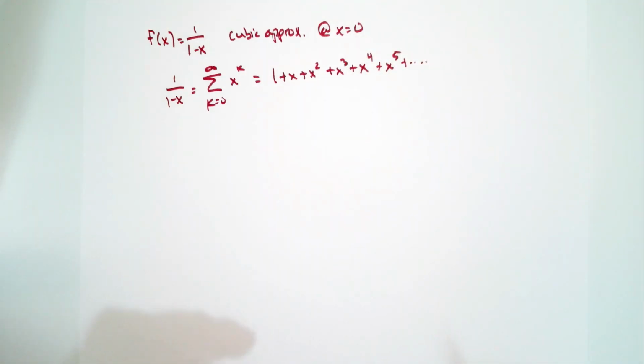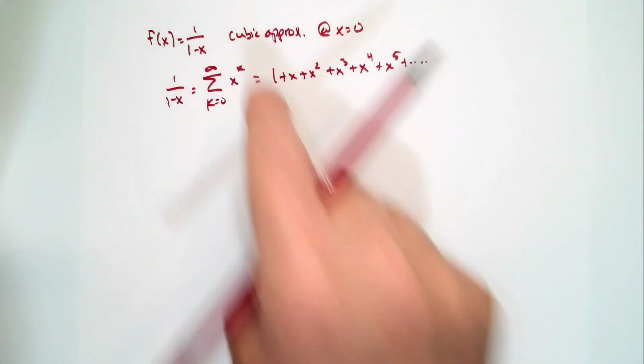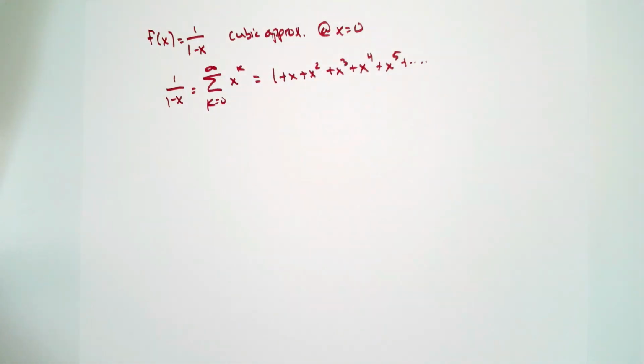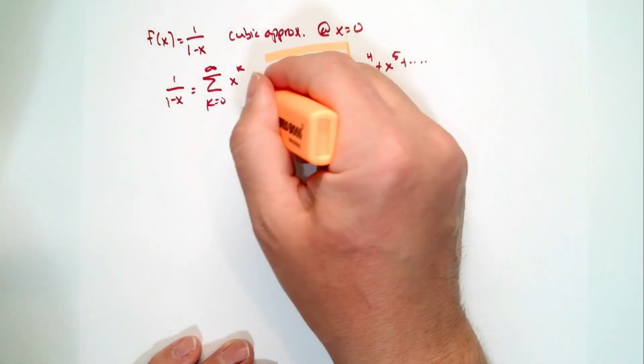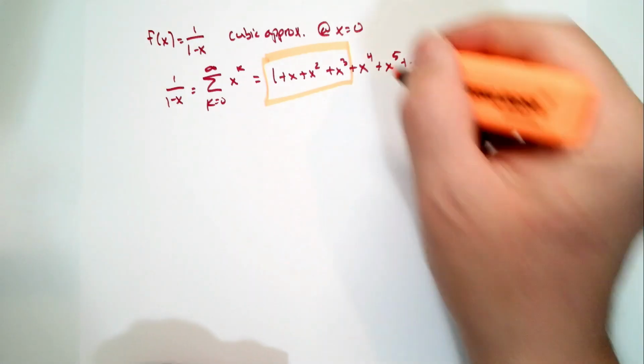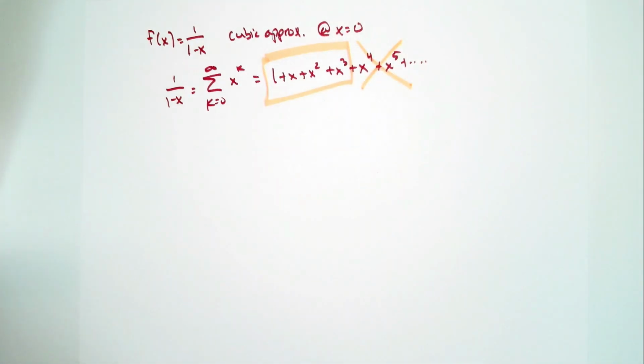Now, when it's asking for a cubic approximation, what's the third degree? Well, you might say, why don't we just take everything up to the third degree and ignore the rest?